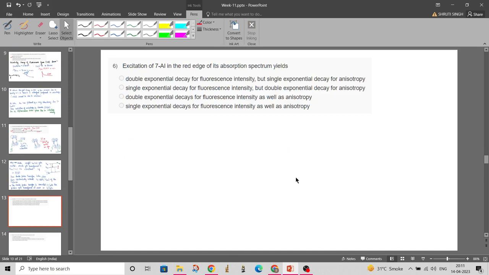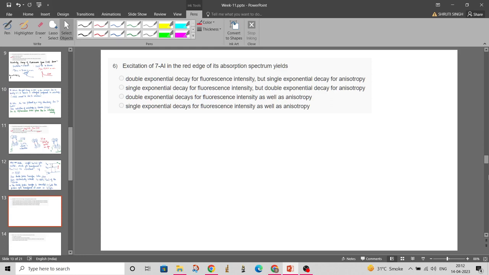The sixth question is, the excitation of 7-azaindole dimer at the red edge of its absorption spectrum yields. So all the answers are related with anisotropy. Let's read out the options.